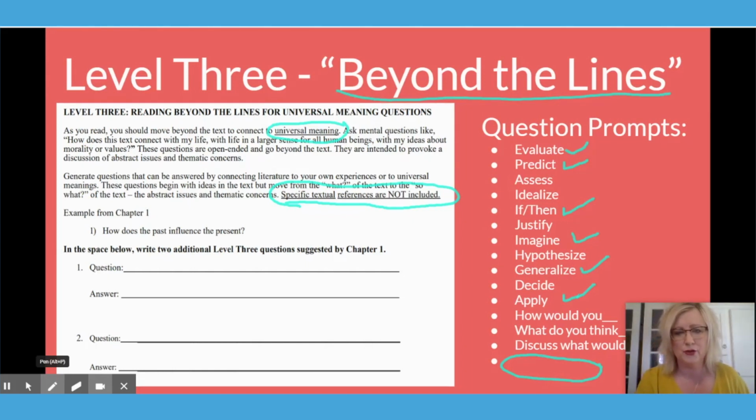So with a level 3, it is much more abstract and thematic in focus, and it leads to very rich discussions. So we want to allow our students those type of abilities to connect the text to their world, to their thought patterns.